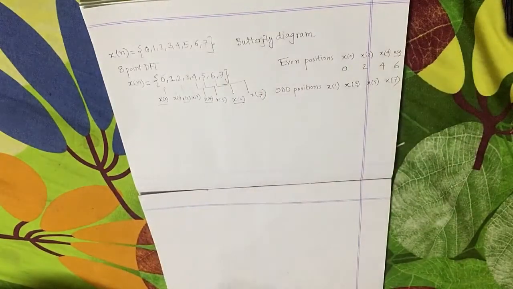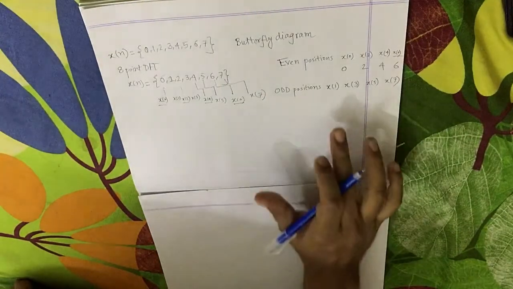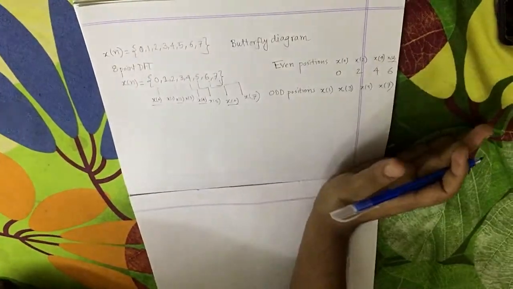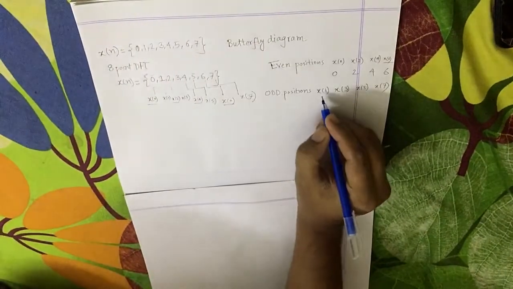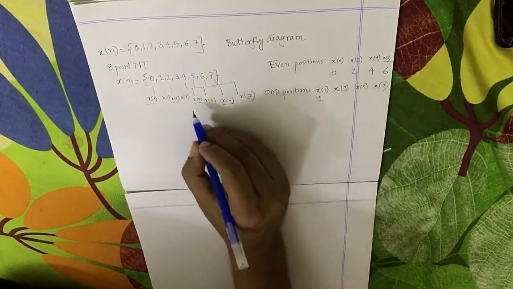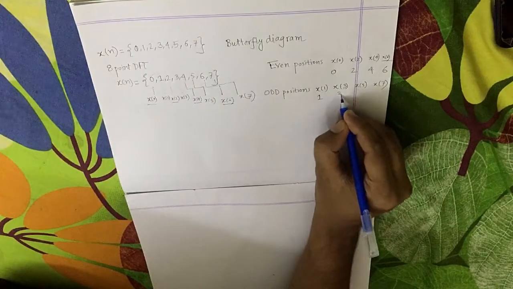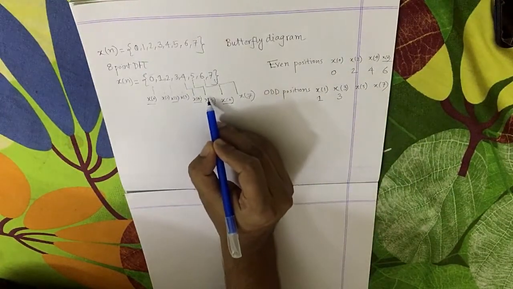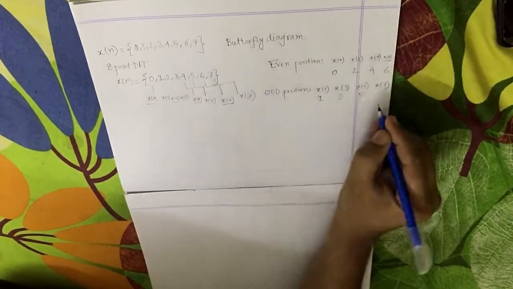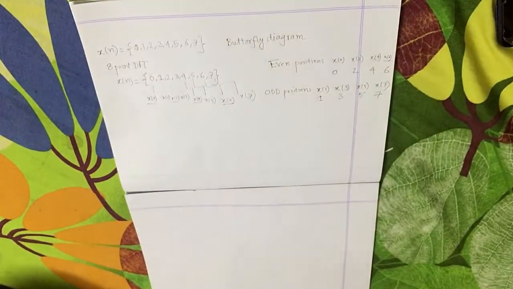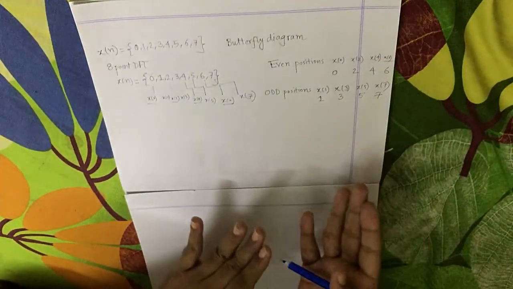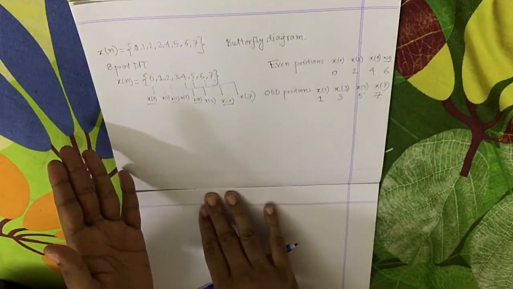These are the odd positions, but not the values. So let's write down the values also. At x of 1 we have 1, at x of 3 we have 3, at x of 5 we have 5, at x of 7 we have 7. Done. So we have divided the even positions and the odd positions.